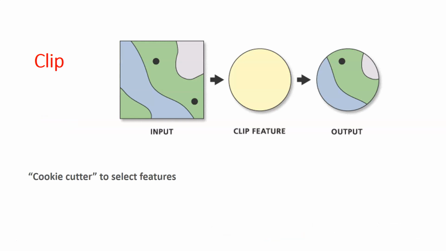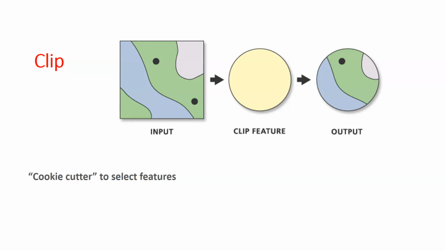CLIP is a cookie cutter to select features from other features. A simple example would be cities in the United States, and then you'd like to select only cities that are in California.